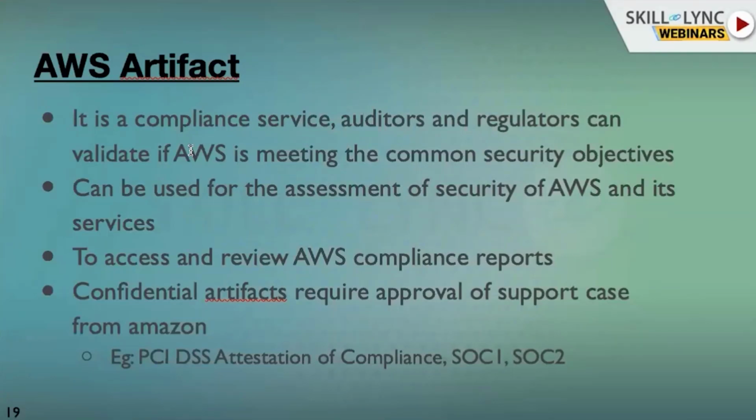So we can log in, go to AWS Artifact and download or request various compliance reports which are already adhered to by AWS. We can take them and see how AWS is meeting the network compliances, etc., and review them. We can use them for internal audit or external audit purposes.